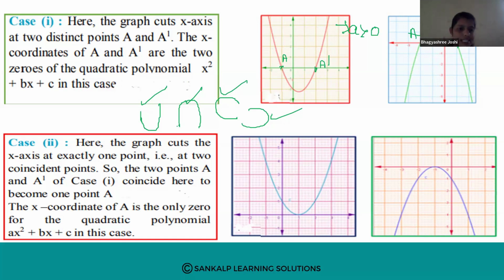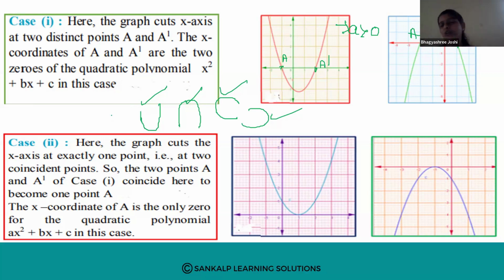Yes. Next, here the graph cuts the x-axis at exactly one point, that is at two coincident points. So the 2 points A and A dash of case 1. So illi. Okay. So what I told, a quadratic polynomial has two zeros.